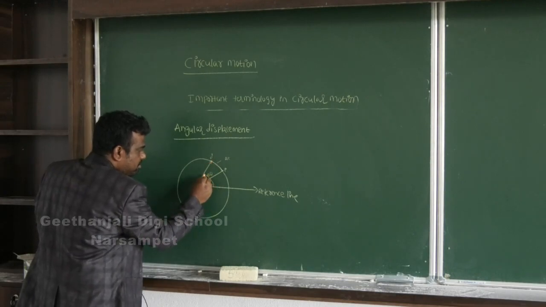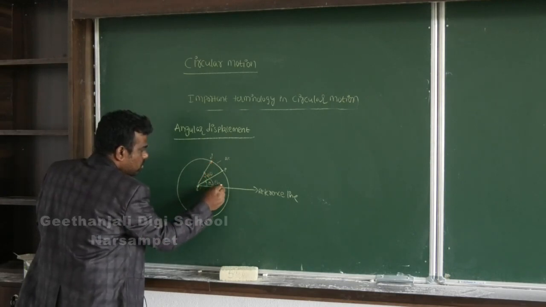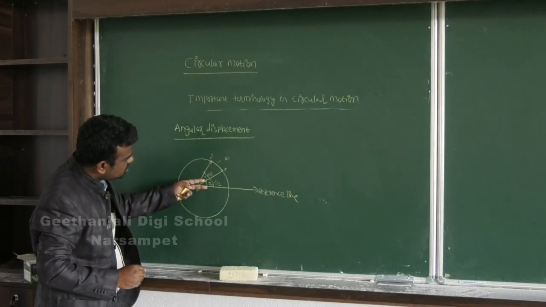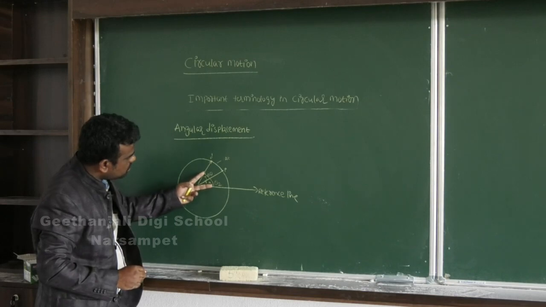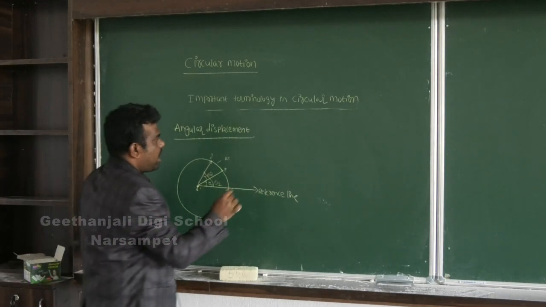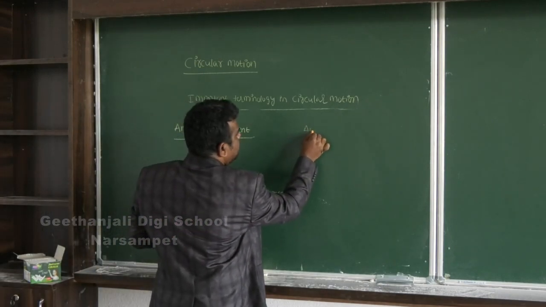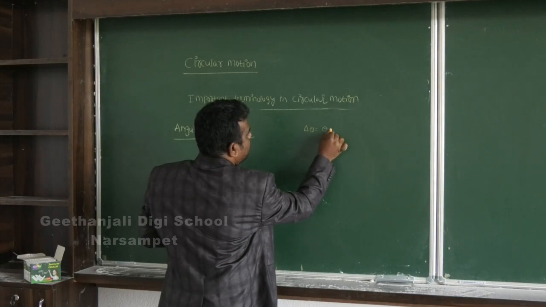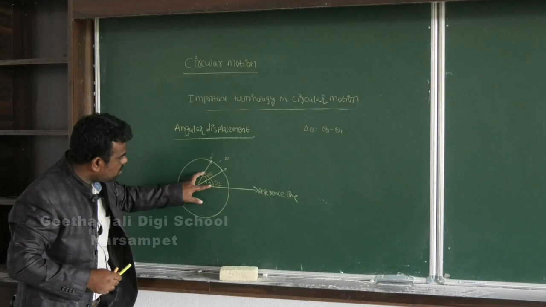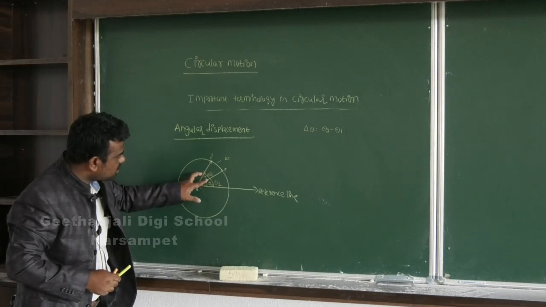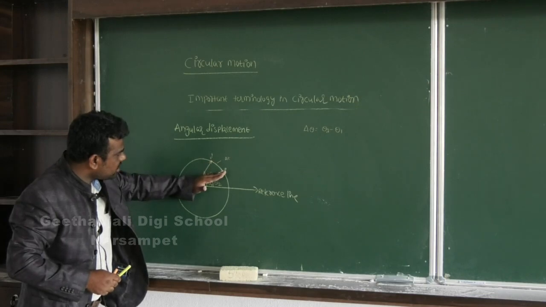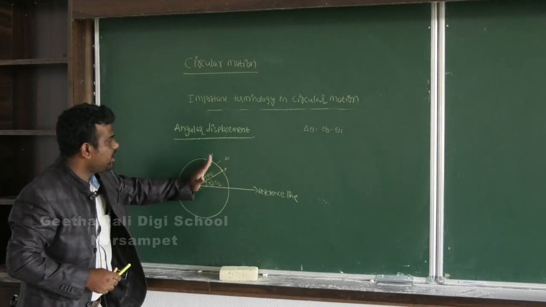This is the angular position of P dash, say it is theta 2. Now this angular position is theta 1, this angular position is theta 2. Now this angle is known as angular displacement. Angular displacement delta theta equals theta 2 minus theta 1. So what does theta 2 minus theta 1 indicate? The angle through which position vector of the particle is rotating in a given time interval.